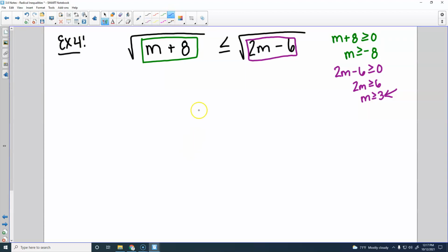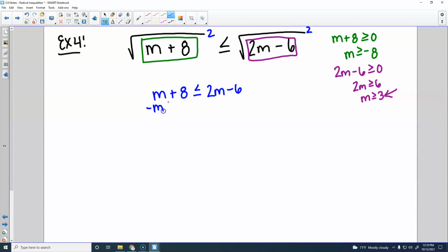All right, so we're going to solve, square both sides. So m plus 8 is less than or equal to 2m minus 6. Here, it's up to you on how you want to move these m's, but one of them's got to go.